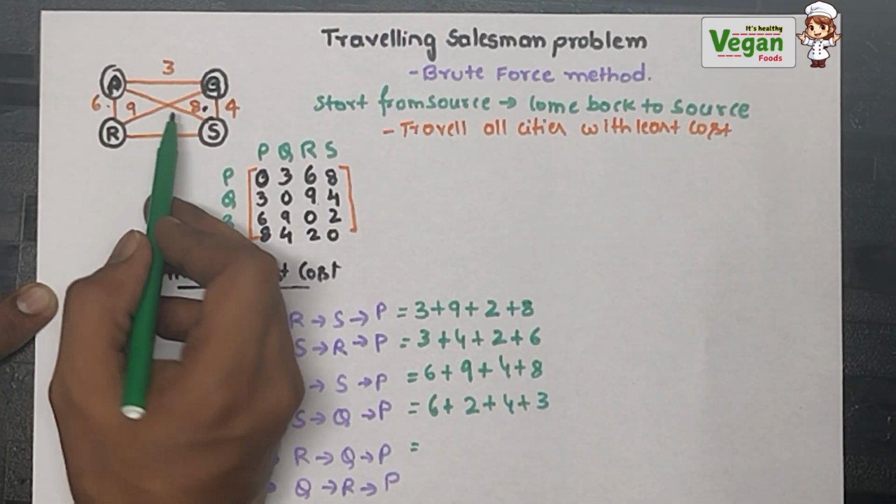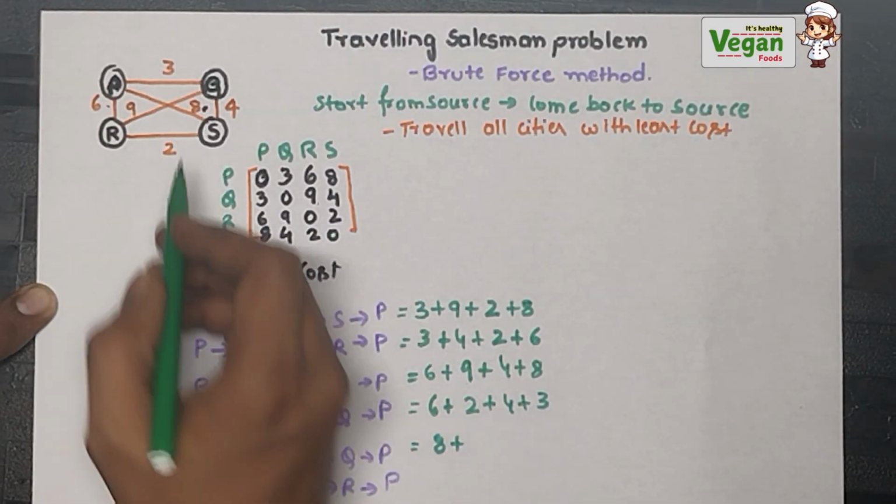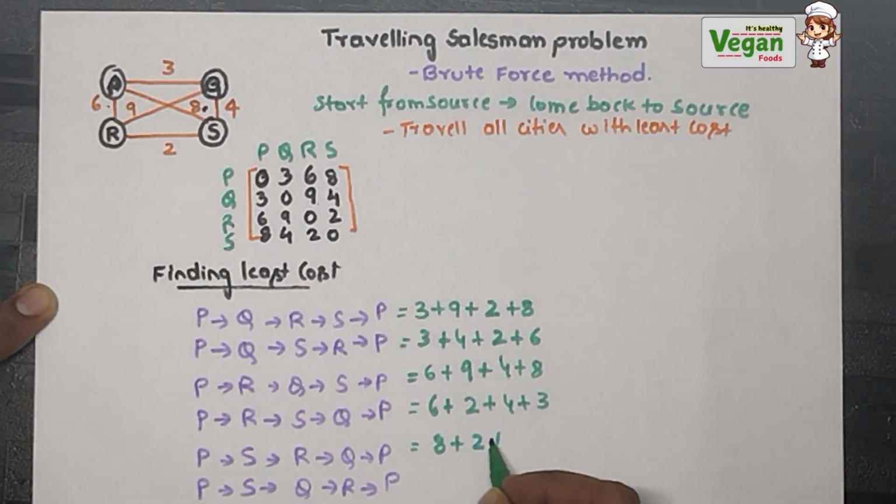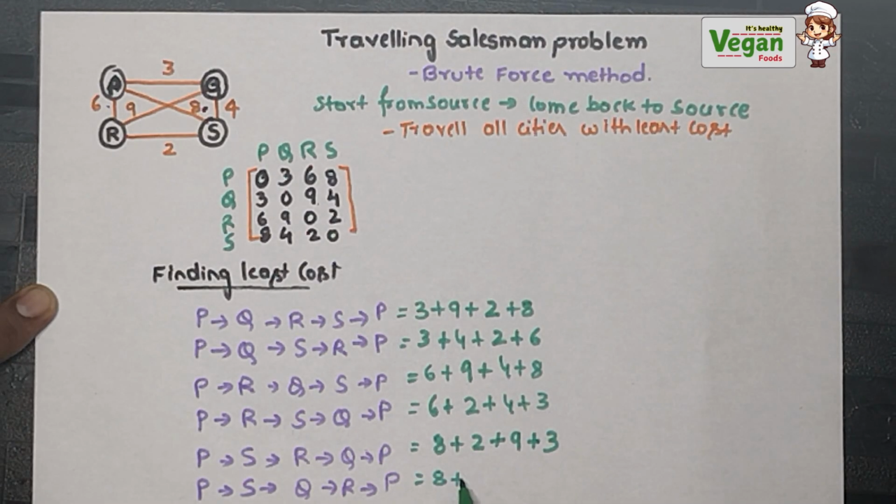P to S it is 8, S to R 2, R to Q 9, Q to P 3. P to S 8, S to Q 4, Q to R 9, R to P 6.